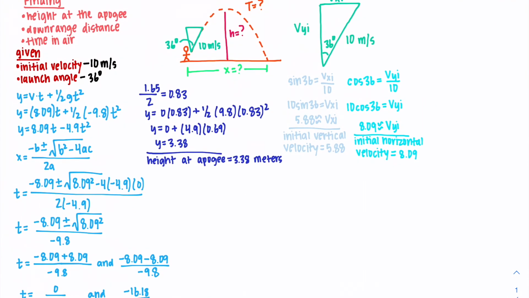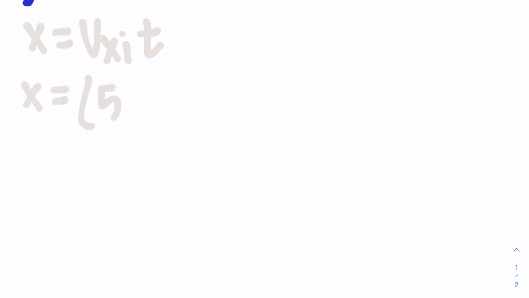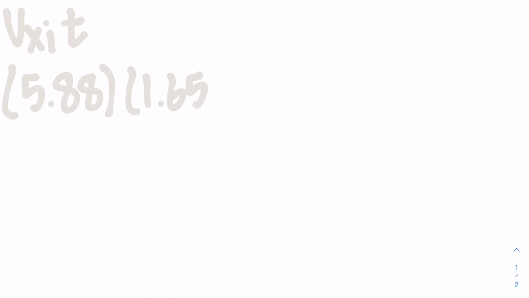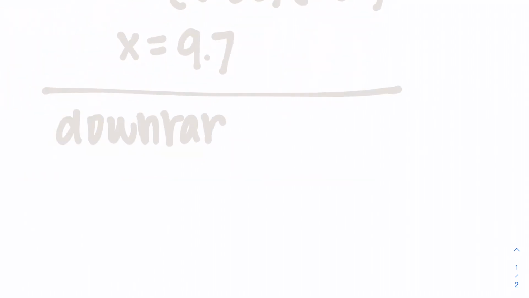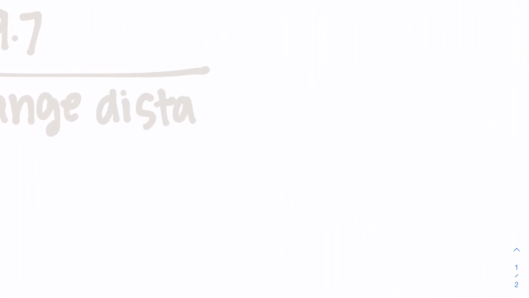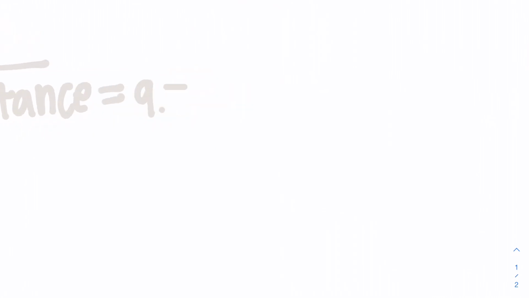And it's 3.38 meters. That was the highest point. Now we are finding the downrange distance. And the downrange distance is 9.7 meters.